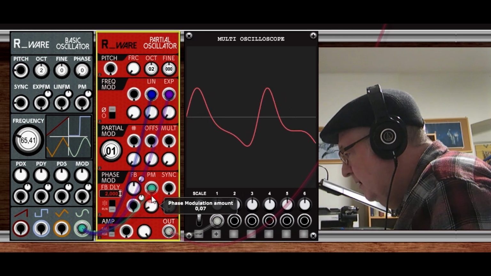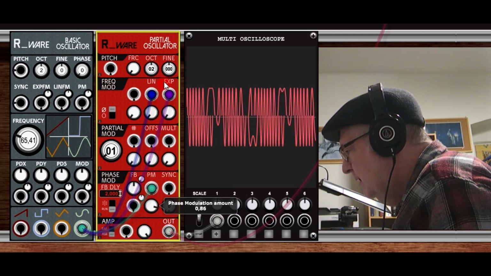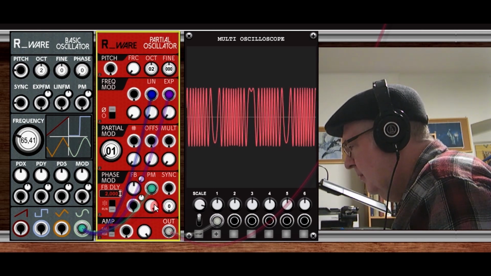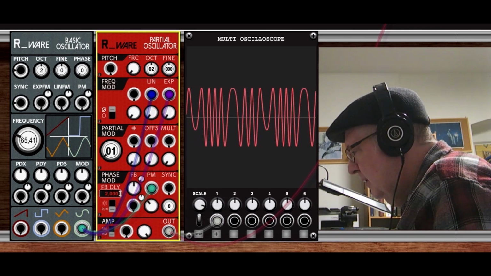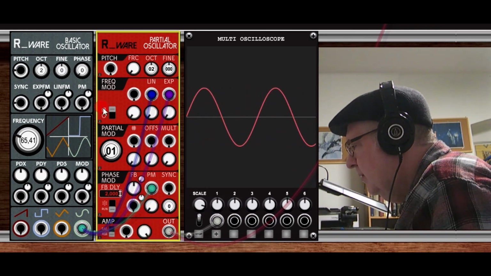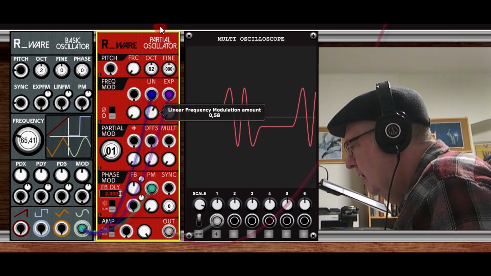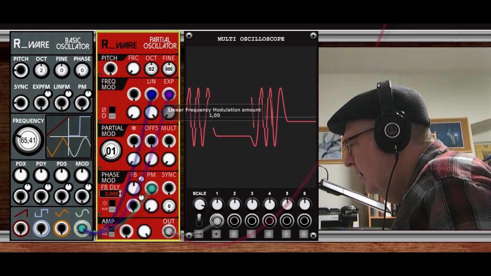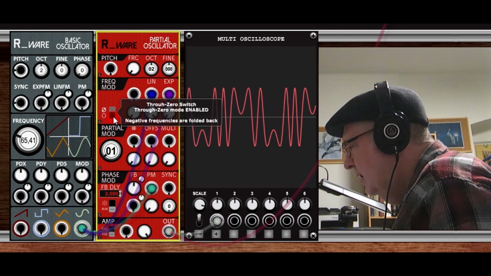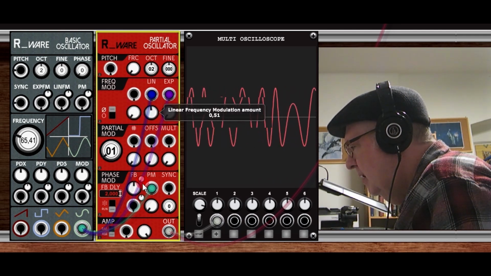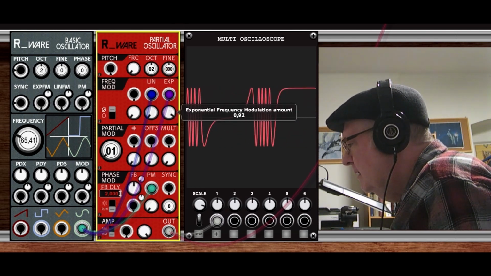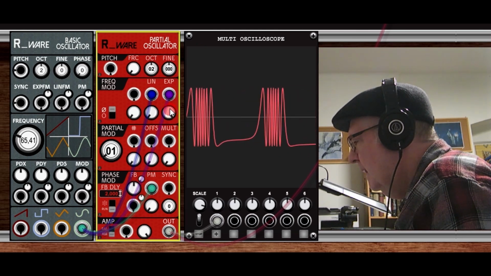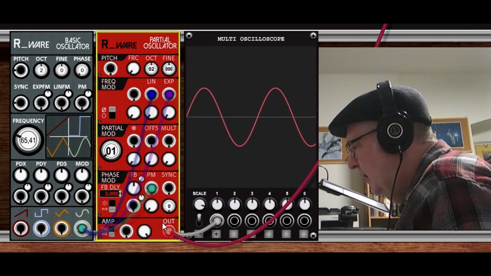Phase modulation. Linear frequency modulation. Through 0. And exponential. And phase modulation again.